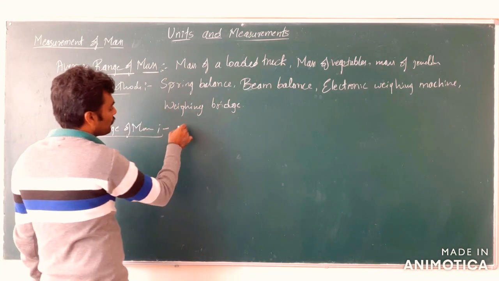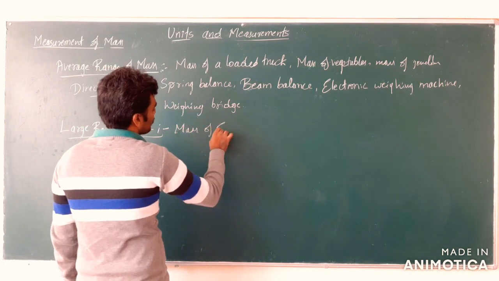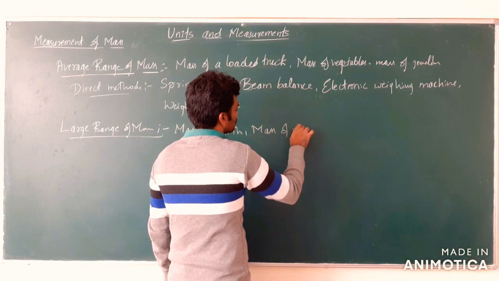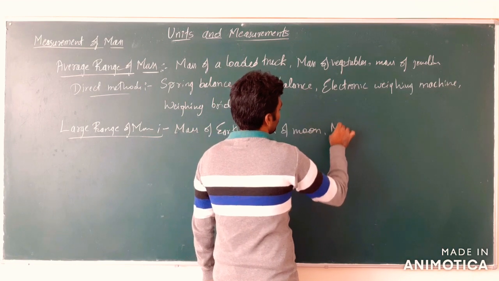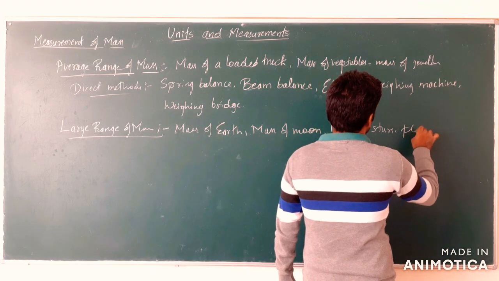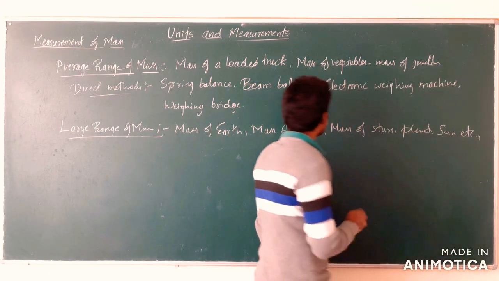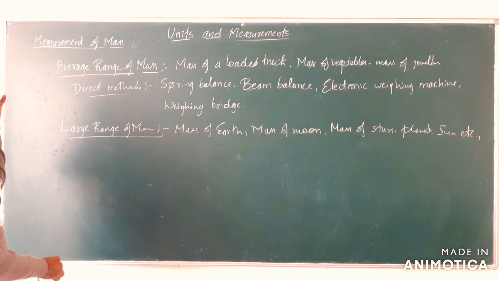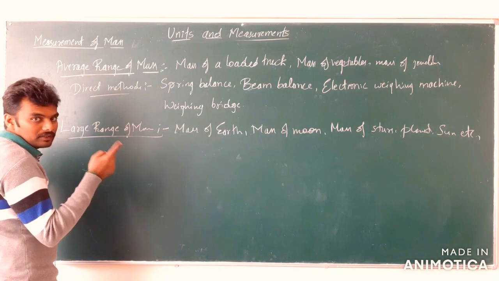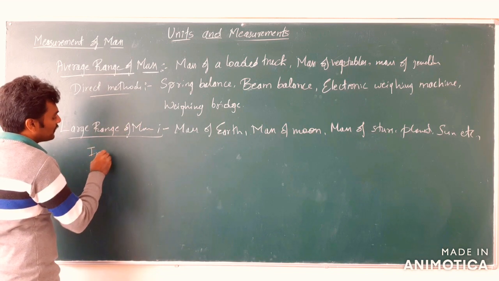The large range of mass involves mass of Earth, mass of Moon, mass of stars, planets, Sun, etc. So these are the examples of large scale mass or large range of masses, and these large scale objects are measured using an indirect method.